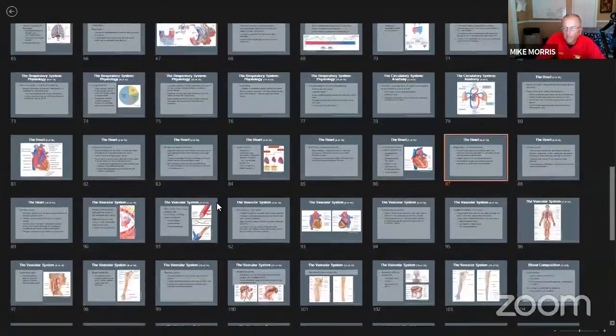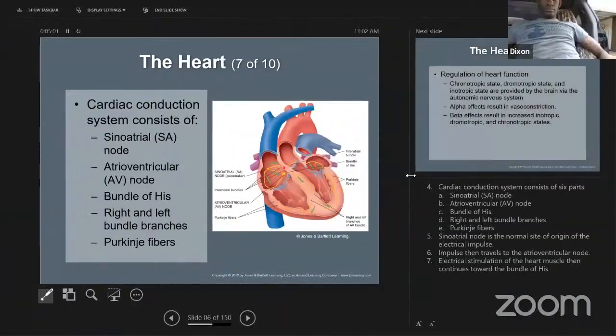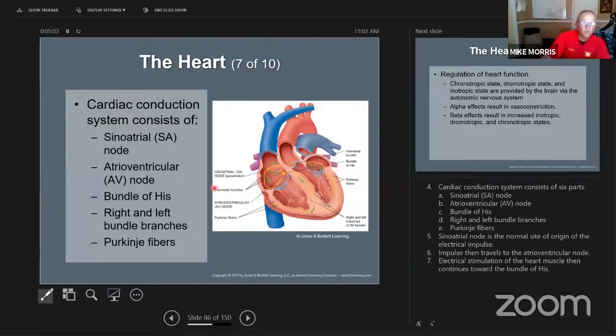When we're talking about the control of the rate of electrical conduction, how fast these things conduct down the pathways, right? It's the control of the rate of the electrical conduction, how it's coming down from the SA node to the AV node, that rate.